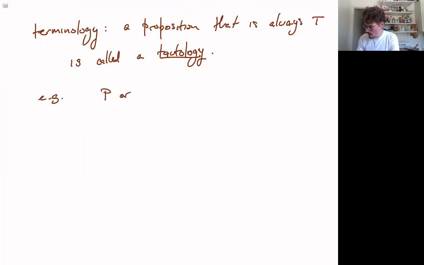P or not P. Here's a proposition, and it's always going to be true because if P is true, then it works, and if P is false, then not P is true. So I'm even going to write down a little truth table here, just to be super explicit.